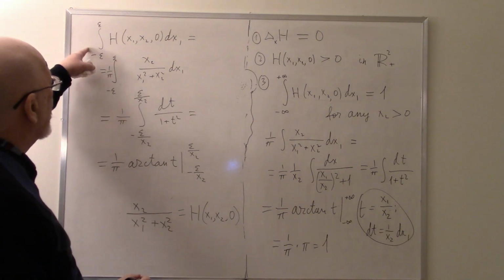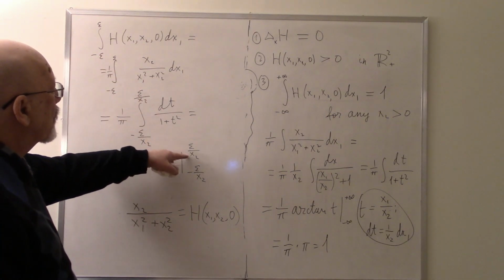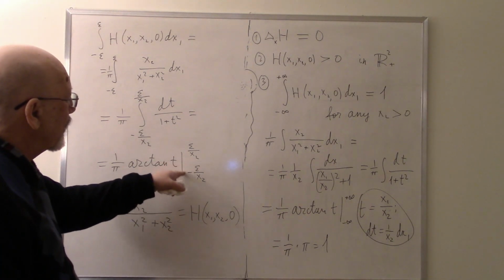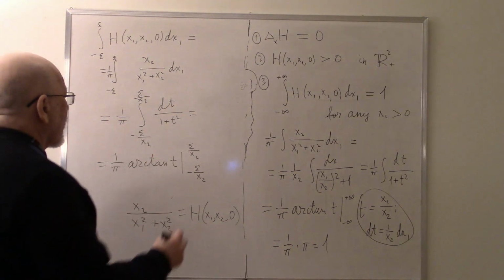If you fix any epsilon and x2 goes to 0, then this goes to minus infinity, this goes to plus infinity.